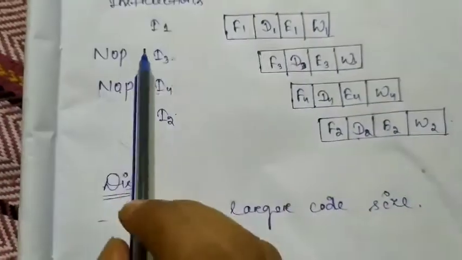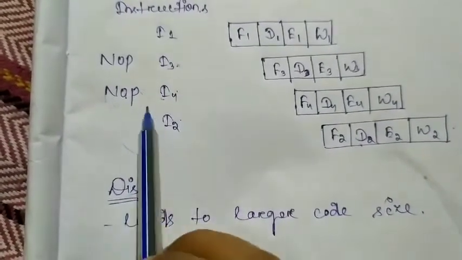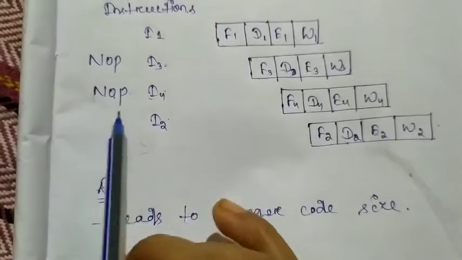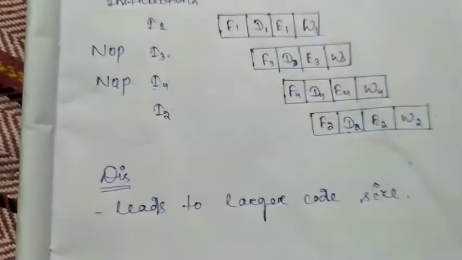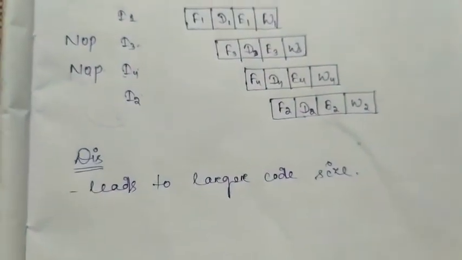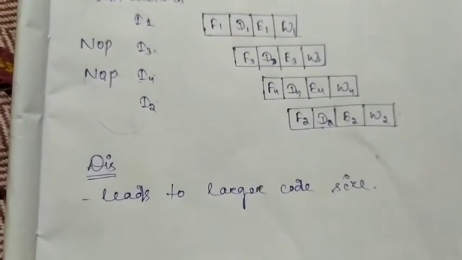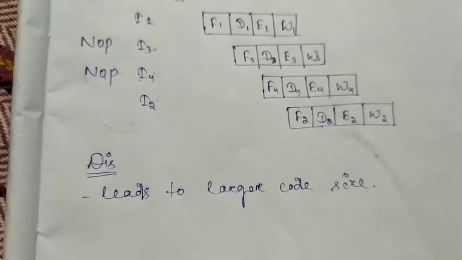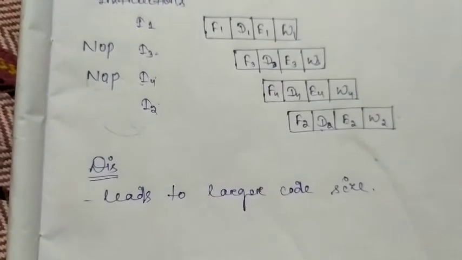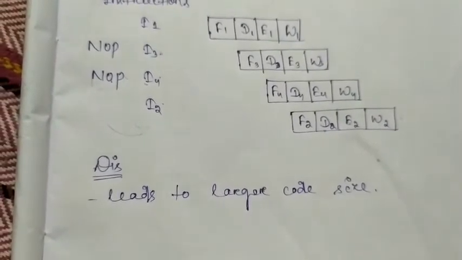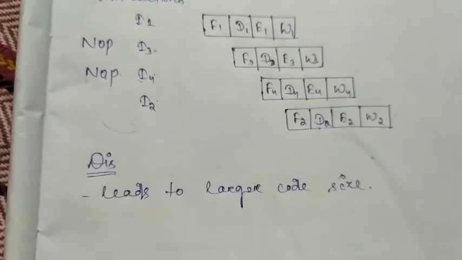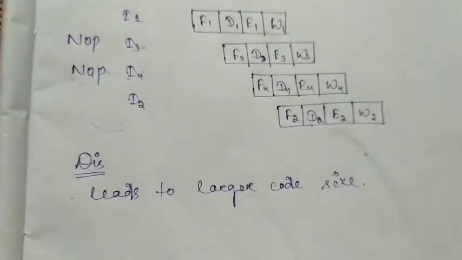Like here, there are 4 instructions, but with these 2 extra instructions it becomes 6. Also, NOP instructions inserted to satisfy the requirements of one implementation may not be needed on a different implementation, and hence lead to reduced performance there.